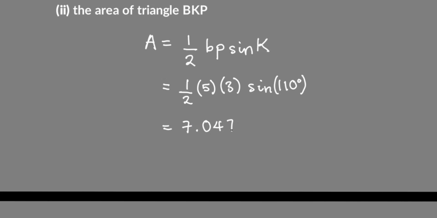We can round off with the 8 that followed the 6, and then round off to 3 significant figures, which gives us this number here. You remember, it's supposed to be in square kilometers. So this is our area.